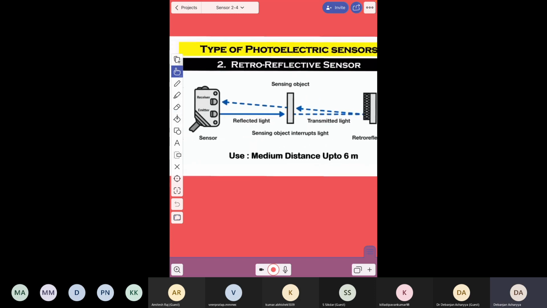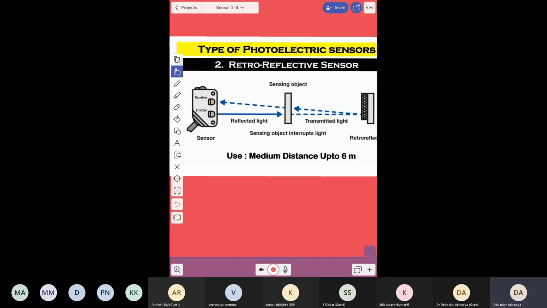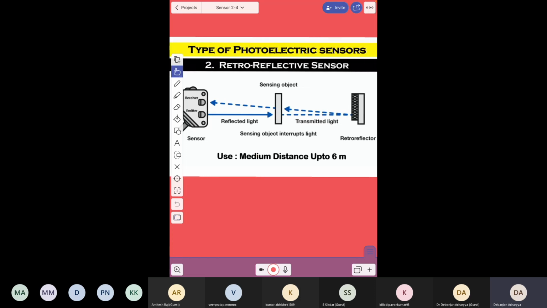Now coming to the second type of photoelectric sensor, that is the retroreflective photoelectric sensor. Here you will see there is a retroreflector. So you have an emitter once again and you have a receiver. The light will be reflected by the sensing object, and the retroreflector will also reflect some light.